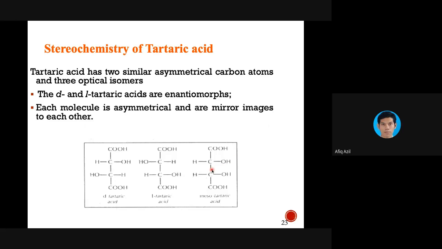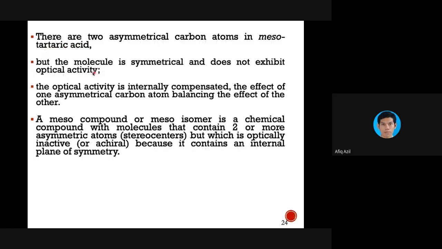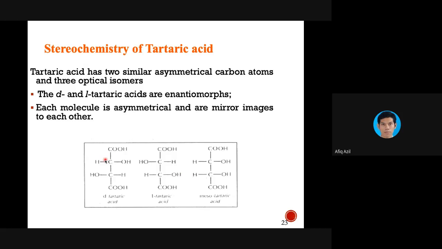So both of these carbons are considered to be chiral centers, but the molecule is symmetrical and does not exhibit optical activity. So how can it be symmetrical? From these two, D and L, if you cut like this or this way, it is asymmetrical.